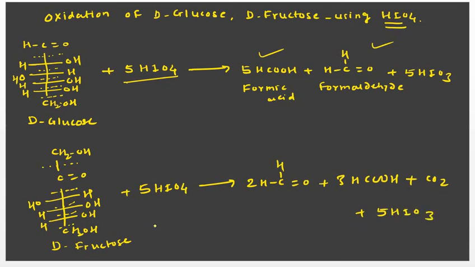So in this way, when we oxidize D-fructose using periodic acid, we get 2 moles of formaldehyde, then 3 moles of formic acid, 1 mole of carbon dioxide and 5 moles of HIO3. So this is all about the oxidation of D-glucose and D-fructose using HIO4.